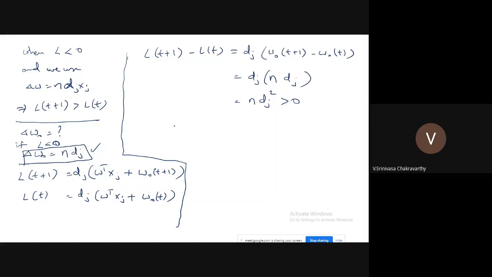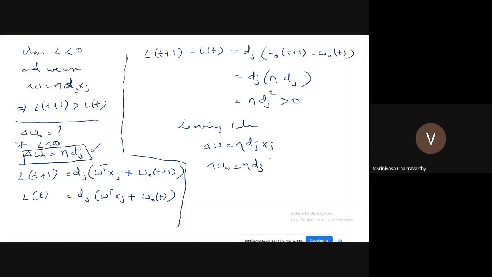If you keep on doing it for all the cases where the inequality is violated, then L keeps on increasing until it becomes positive. So this is the idea. This is a learning rule for this linear discriminant function, where delta W is eta dj xj and delta W naught is just eta dj.